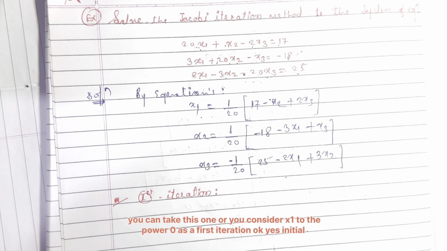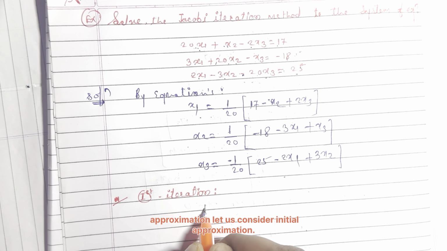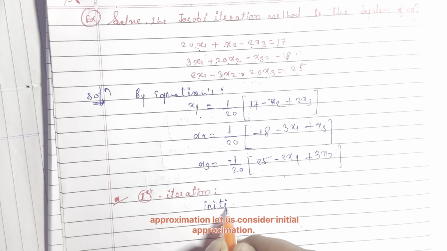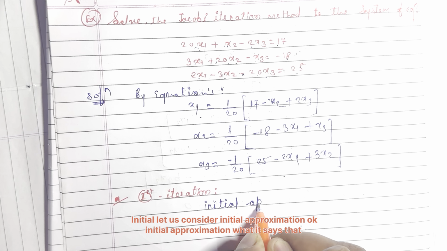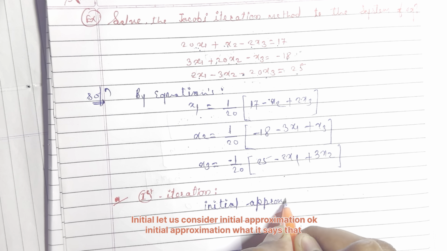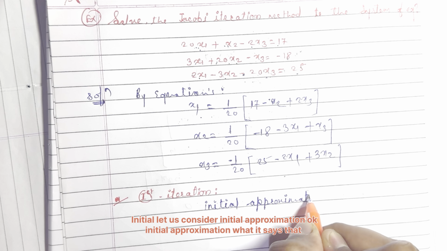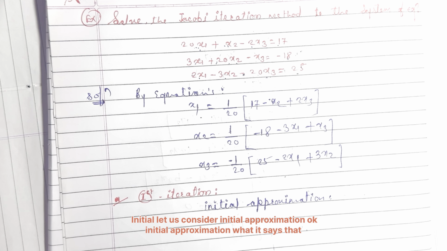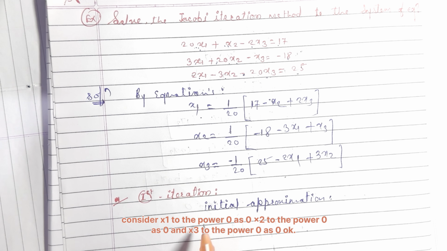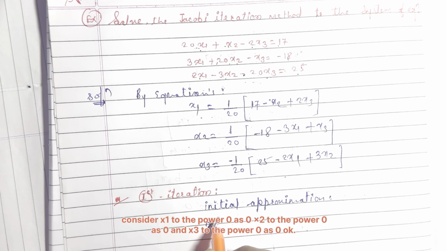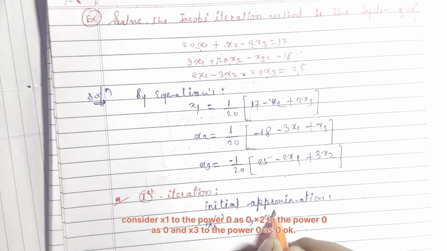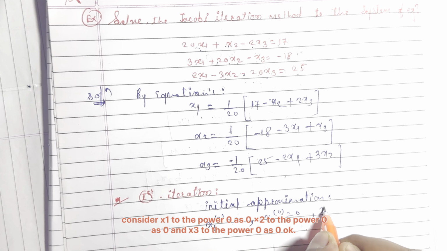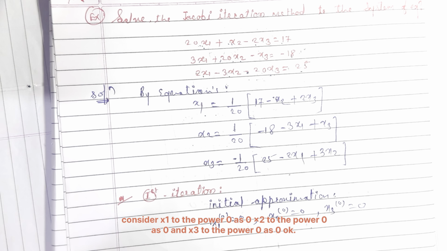Let's consider the initial approximation. The initial approximation says to consider x1 to the power 0 as 0, x2 to the power 0 as 0, and x3 to the power 0 as 0.